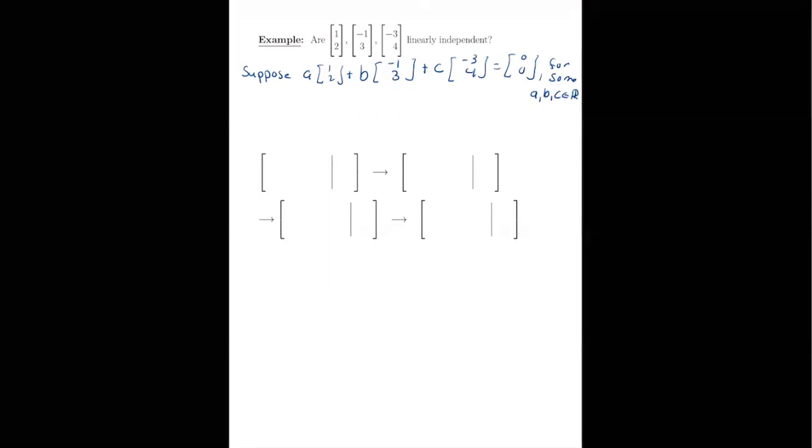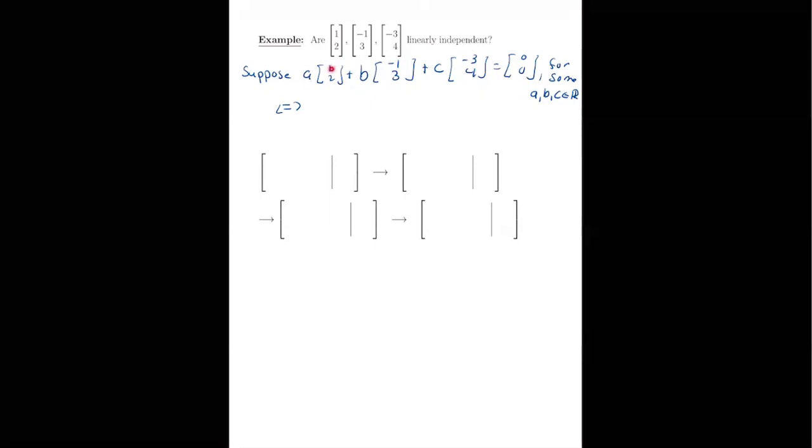And again, we want to know how many solutions are there? Do we have only the trivial solution, or does there exist a non-trivial solution? So once again, we're going to solve this by solving the equivalent linear system. In this case, we have 2 equations.